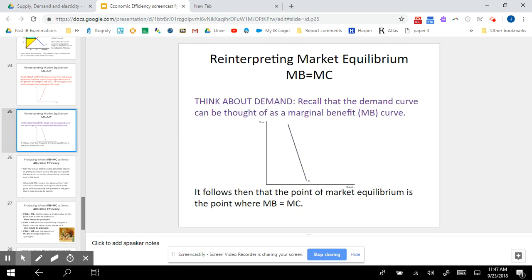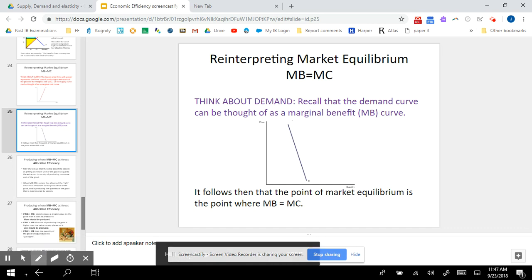So reinterpreting the market equilibrium, in other words, where marginal benefit equals marginal cost. Think about demand. Recall that the demand curve can be thought of as a marginal benefit curve. It follows that the point of market equilibrium is the point where MB equals MC.